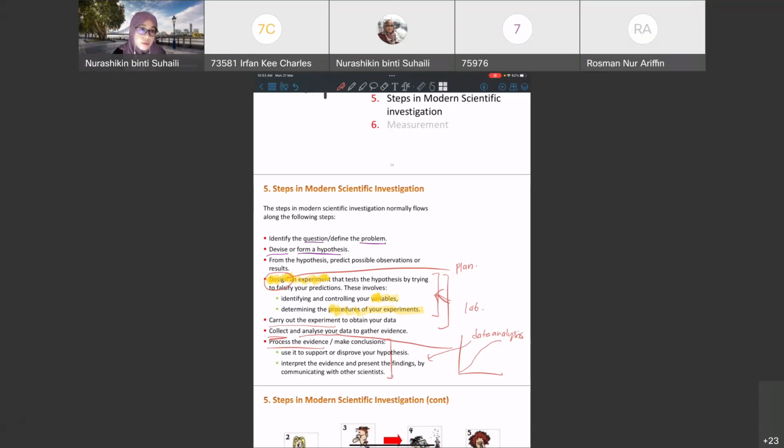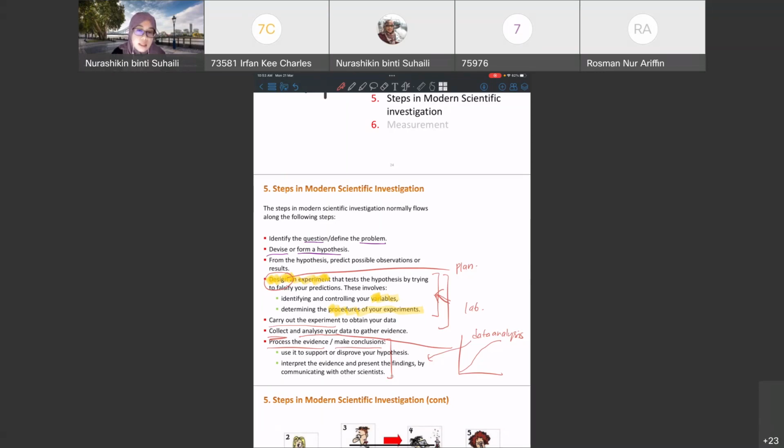There must be a few reasons for that. So the conclusion must answer the objective. It's used to support and disprove your hypothesis, and you use that to interpret the evidence. Present the findings.